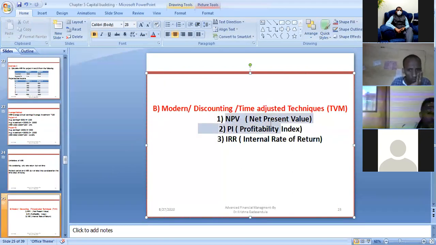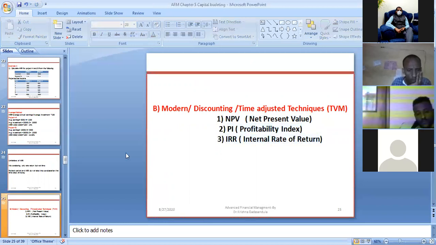Under this, we calculate the net present value, the profitability index, and the internal rate of return. There are three techniques available.